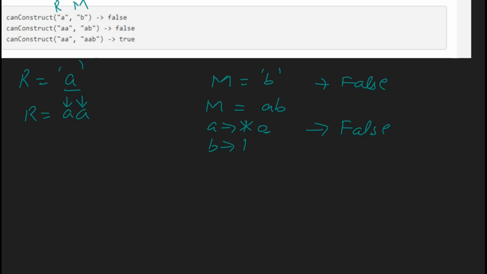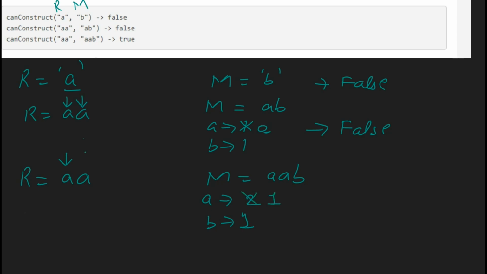Again, in the next example, we want to create the ransom note AA, but the magazine we have now is AAB. We count the number of A in our magazine: the number of A is 2 and the number of B is 1 only. Let's start creating the word AA. To create the first A, we take one A from our magazine, so the number of A left will be 1.